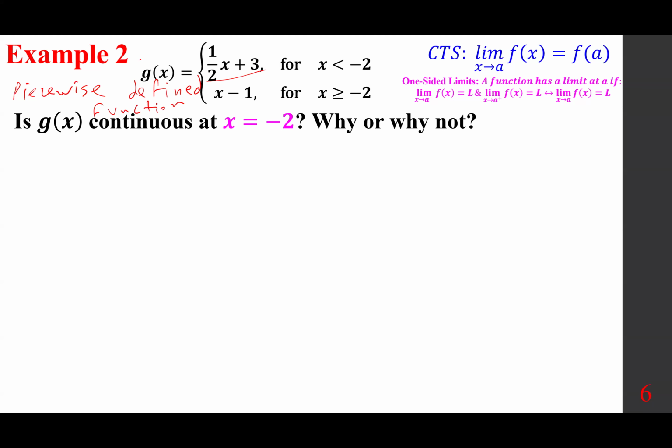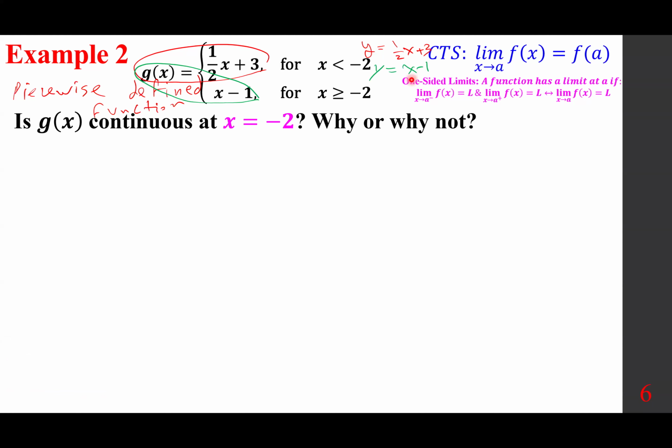And if we look at the top piece, that's the line, let's call it y equals 1/2 x plus 3. And if you look at the bottom piece, that's the line y equals x minus 1. So we have two half lines in essence.